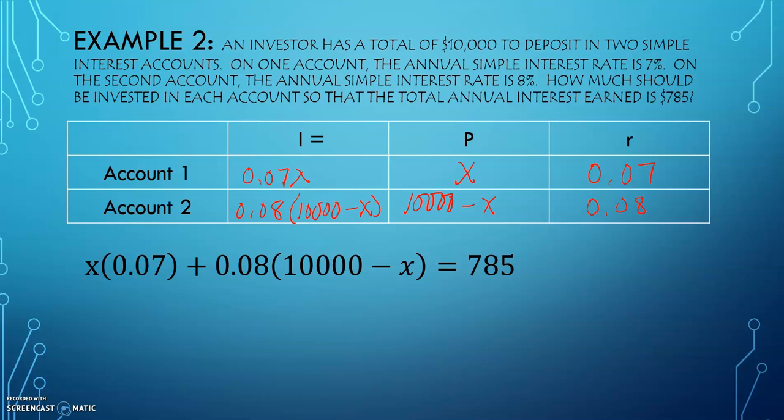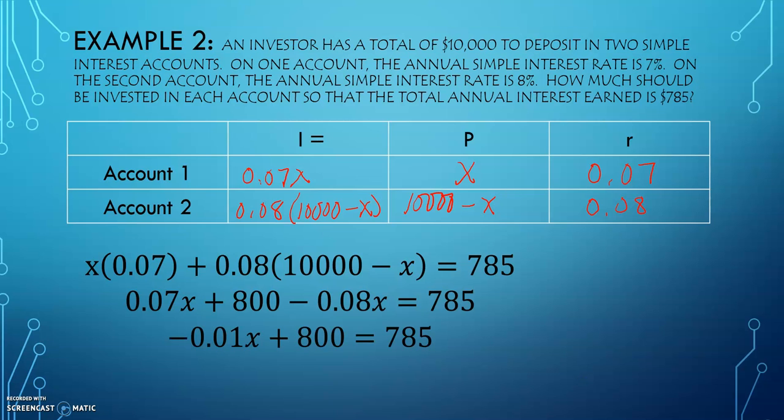Distribute. 0.07x plus 800 minus 0.08x equals 785. Combine like terms. It's negative 0.01x plus 800 equals 785. Subtract that 800, and we have negative 0.01x equals negative 15.